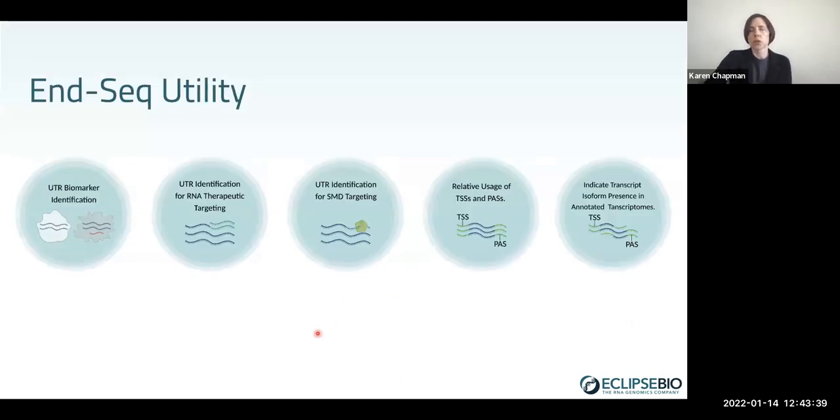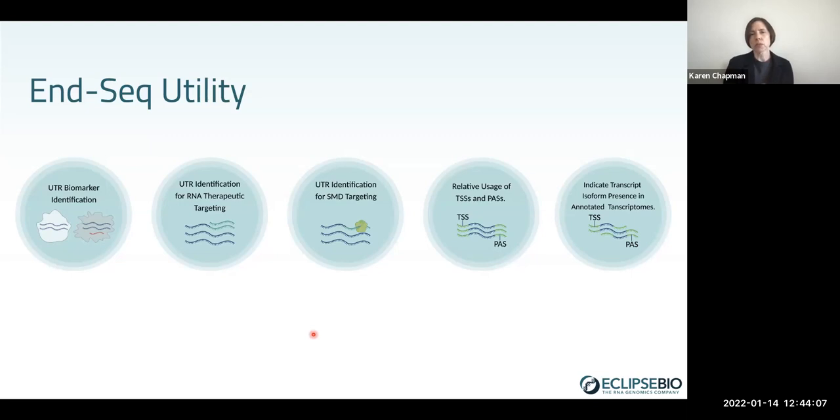So there are multiple uses for End-Seq, and as I mentioned earlier, we work with a number of RNA therapeutics companies. UTRs tend to be regions where there's structure and also regulation, both at the level of microRNAs and at the level of ribosome loading.